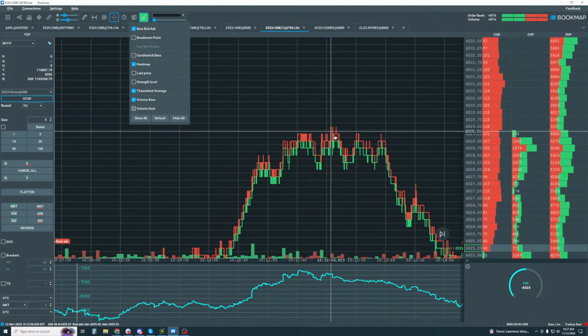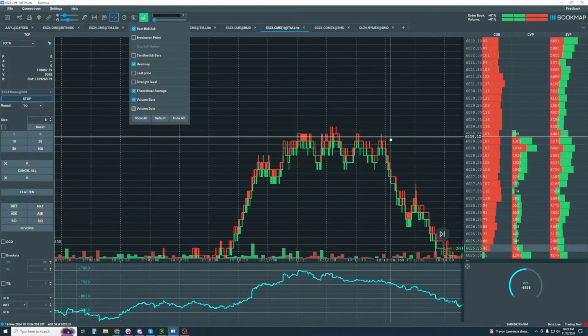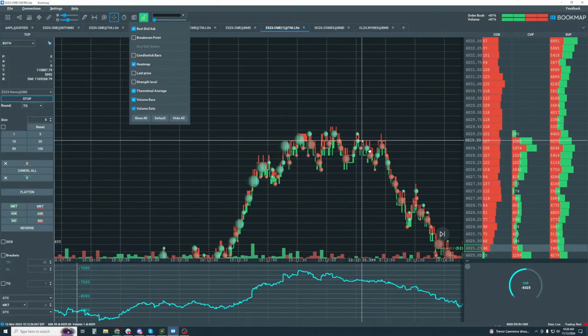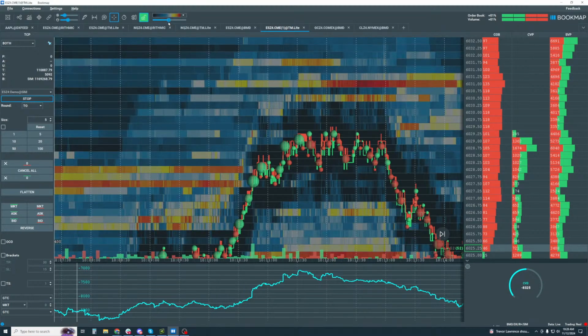But we know that this structure is starting to wane. We're making equal lows and lower highs in here. Right now, we can confirm it with volume. Looking pretty good. Now with Bookmap, this is something that she avoids because she doesn't really have access to it, understanding the other side of the trade here, the high liquidity.